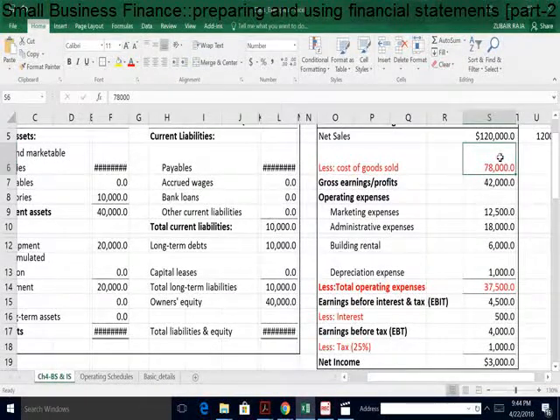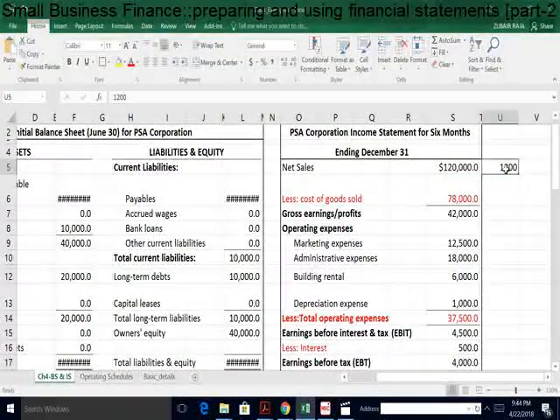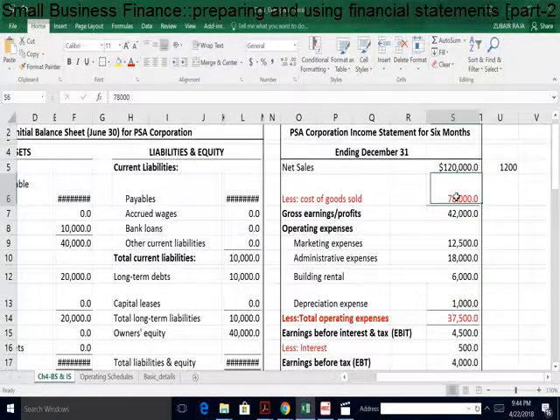It means that these 1200 scanners which they have sold, in making them they incurred 78,000 expense during the 6 months starting from 1st July until 31st December.